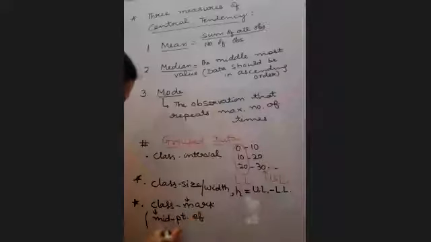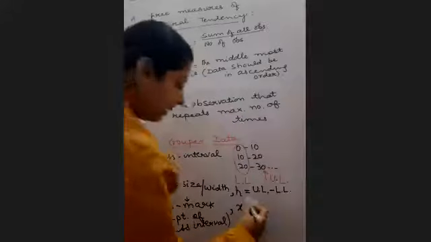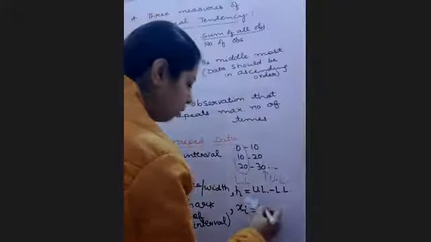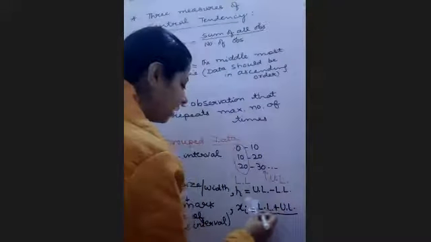Class mark is the midpoint of the class interval. The symbol used for it is xi. And it is defined as lower limit plus upper limit divided by 2.